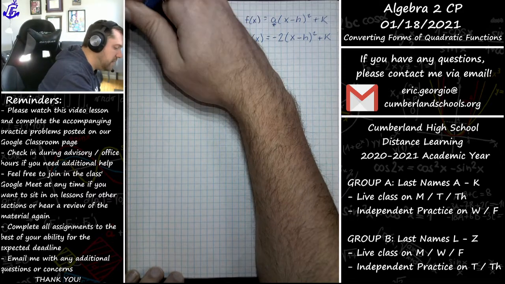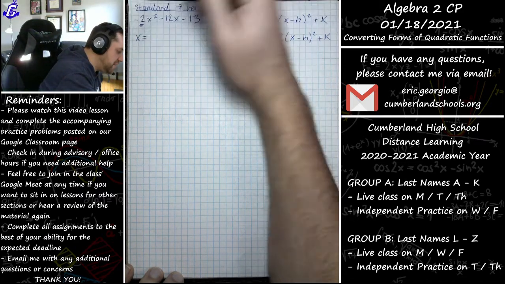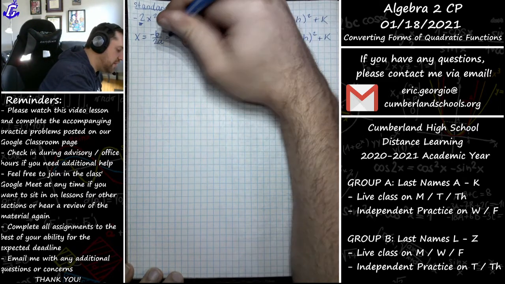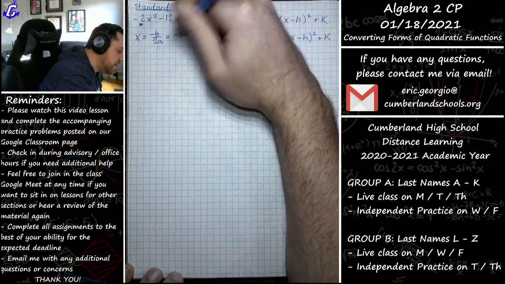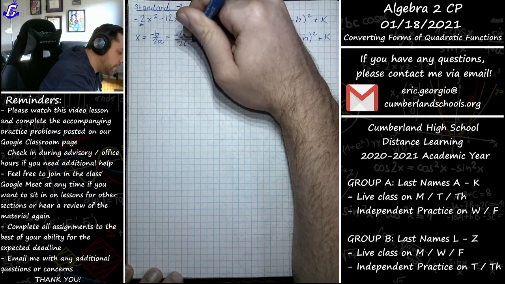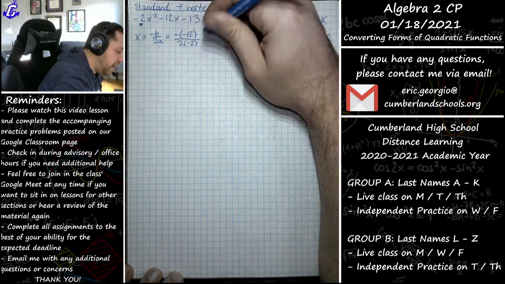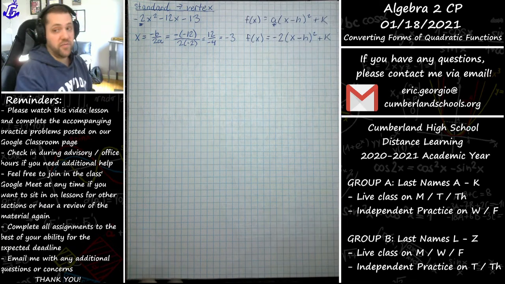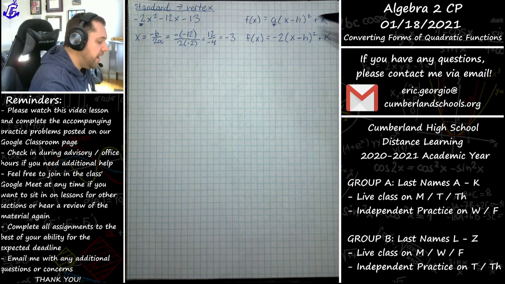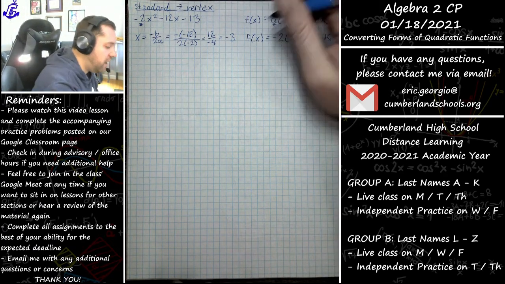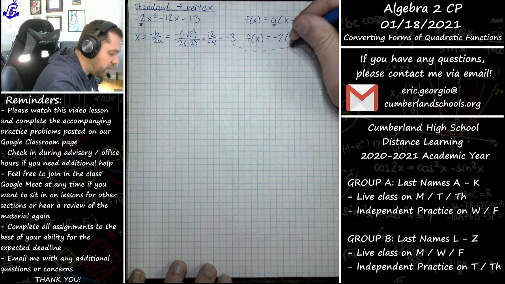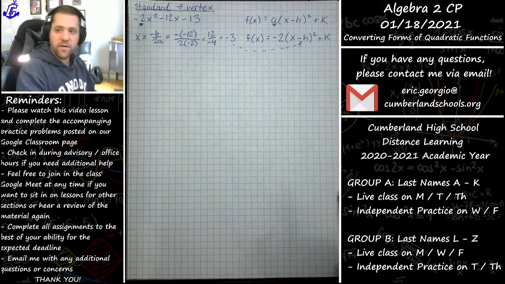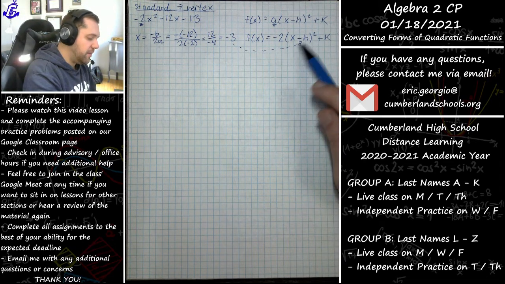So that's exactly what I would do here. I'd say the x-coordinate of the vertex is -b/2a, which is going to be the opposite of -12 over 2a, 2 times -2. So that's going to be +12 over -4, which is -3. Exactly what we saw before, you may remember. And so if I see that the x-coordinate of the vertex is -3, then this would go into here for h, and we see that this has to become a +3.